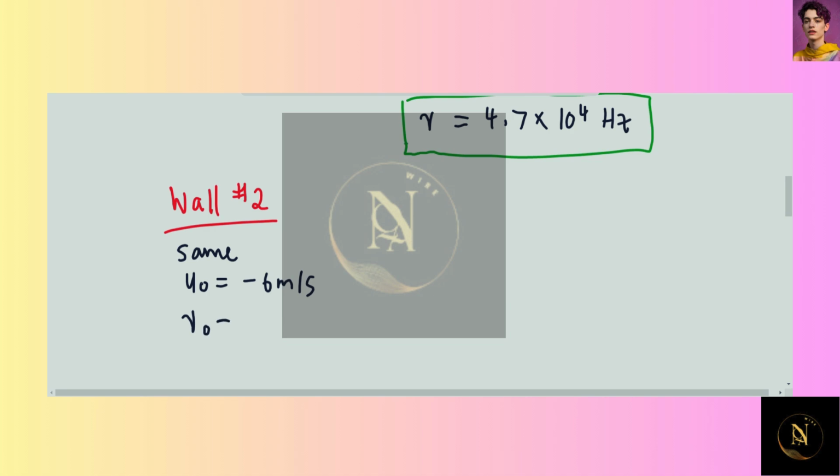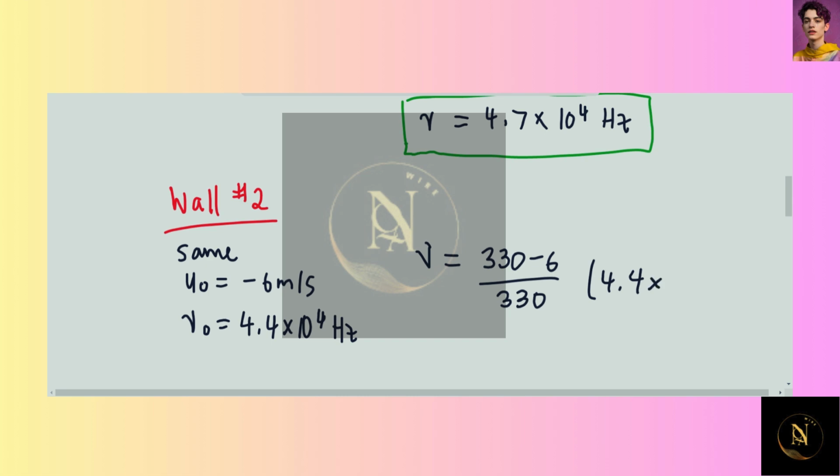And the emitted frequency is what we found in part A, or what I'm calling part A. So again, we'll just plug it into the formula here. That's going to be 330 minus 6 over 330 times 4.4 times 10 to the 4 hertz. So it's going to be 324 divided by 330. And again, multiply by the frequency.